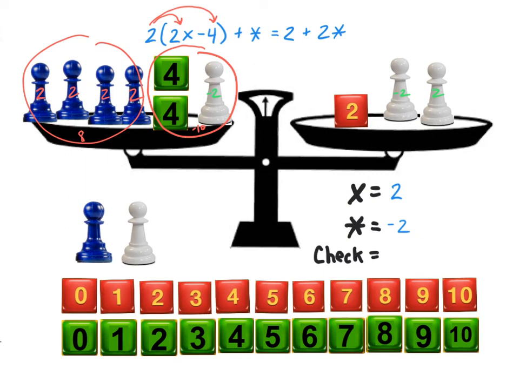So if we have 8 positives and 10 negatives, those 8 positives will cancel out 8 of the negatives, and we'll be left with 2 negatives. And on the right hand side, we have 4 negatives and then just 2 positives. Those 2 positives will cancel out 2 of those negatives, and we're left with 2 negatives. So our check, negative 2 equals negative 2.